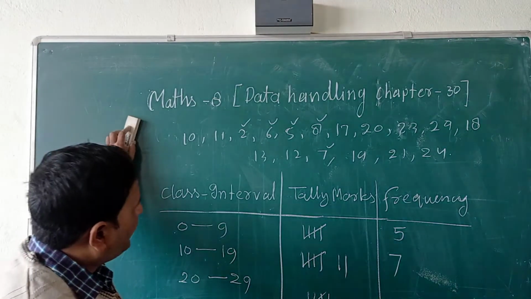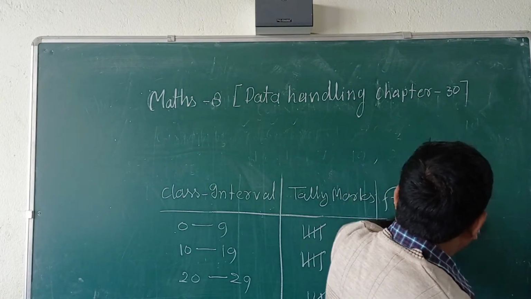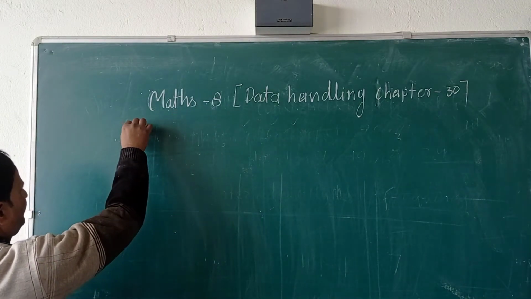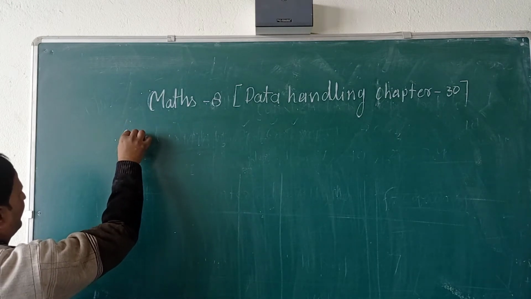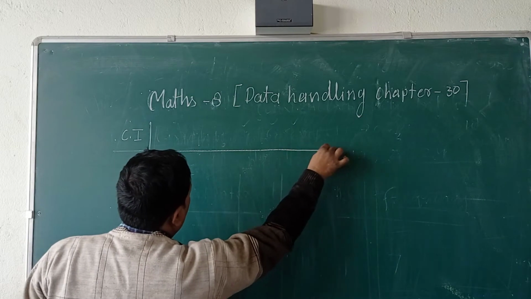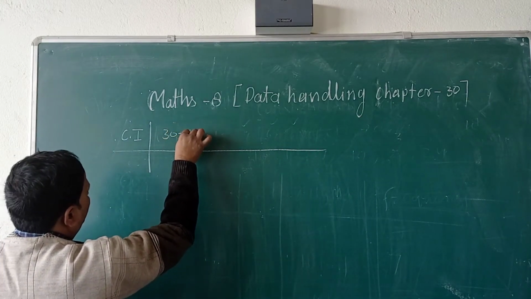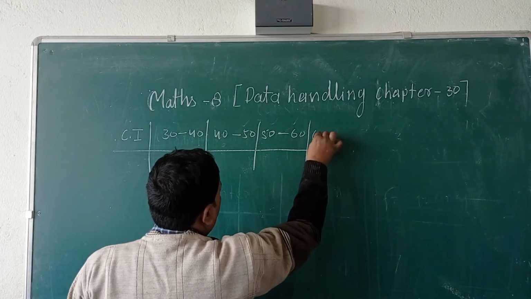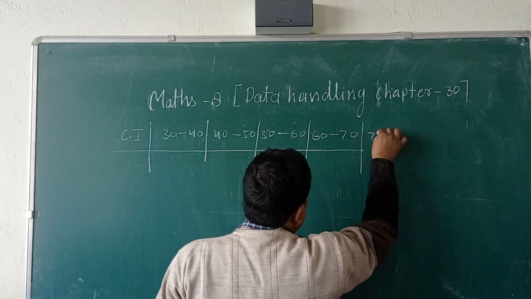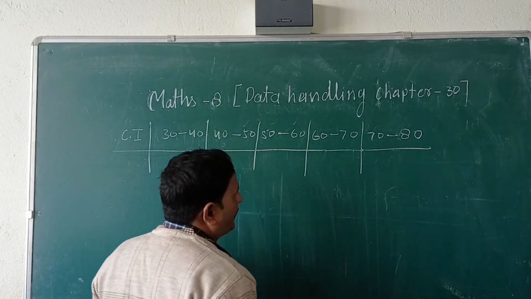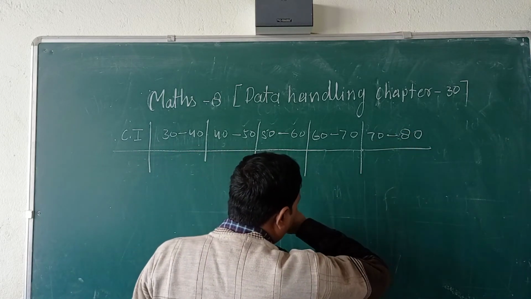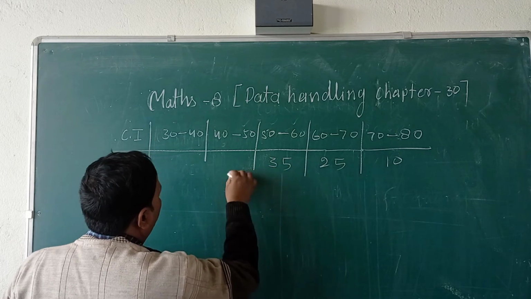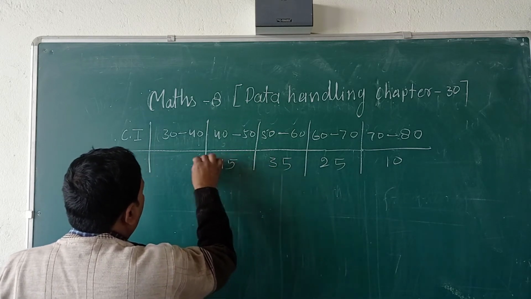Okay. Next one is the histogram. In a histogram, suppose class intervals are given: 30 to 40, 40 to 50, 50 to 60, 60 to 70, 70 to 80, and then frequencies are given: 10, 25, 35, 20, 15, 20.